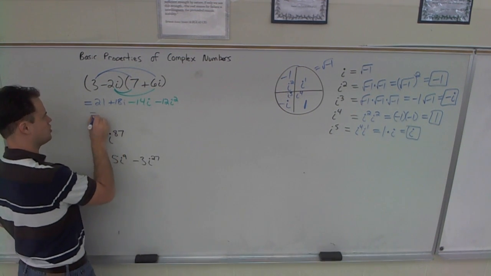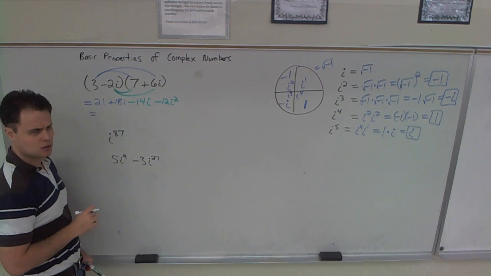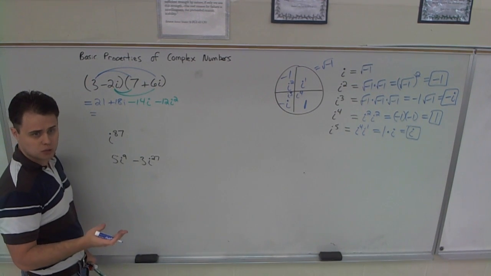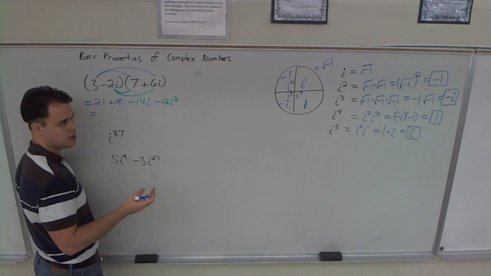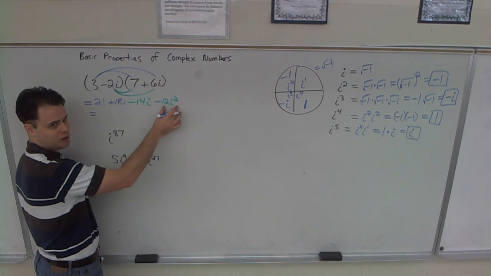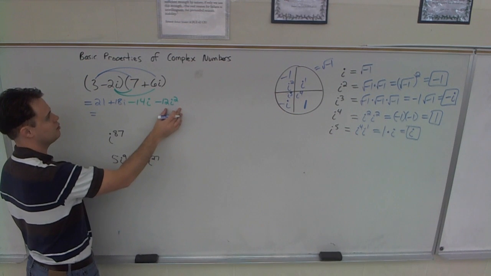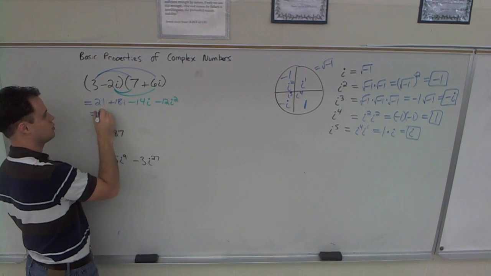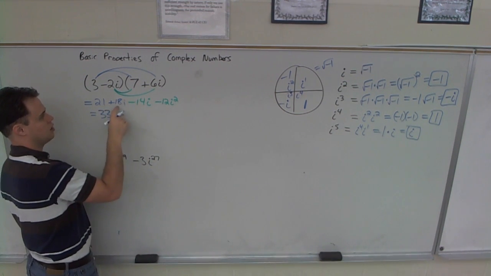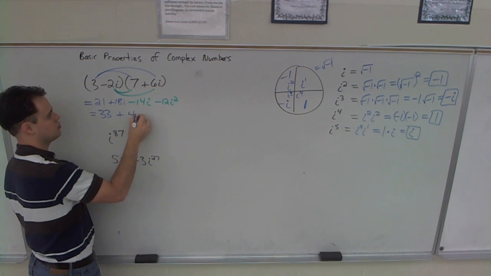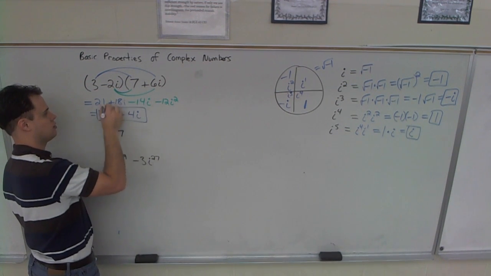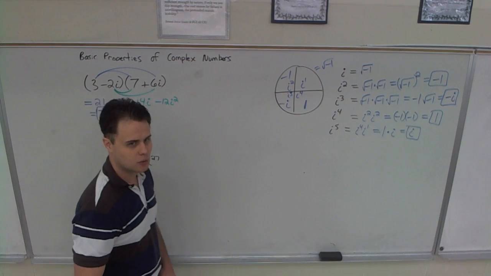But i squared is really just negative 1, so you can show your work if you want to. I'm not going to this time. This is then positive 12, isn't it? Because it's negative 12 times negative 1, 12, and 21 is 33. 18 minus 14 is 4. That's the correct answer on that one.